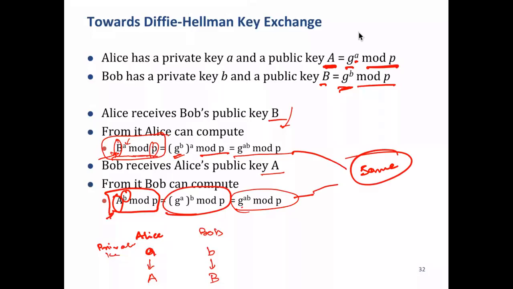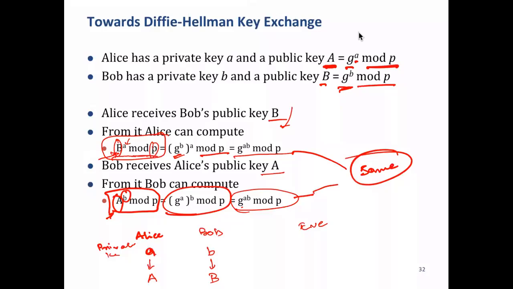Now, what will happen to Eve? What has Eve received? Eve has received both A and B, capital A and capital B. What can she get out of that?